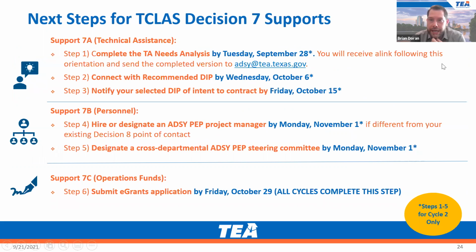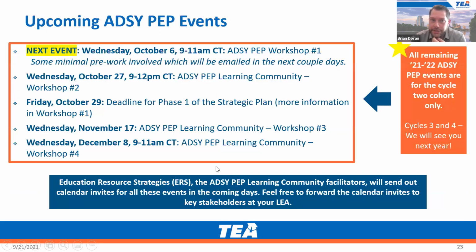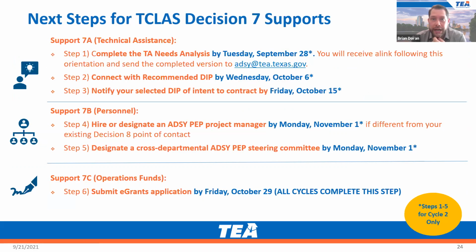All right, I do want to recap then. So we have both upcoming dates for some workshops, and then we also have next steps for the specific supports. So for support 7A, 3 next steps. First is completed technical assistance needs analysis. We'll email that out in the next day and send the completed version to adzy@tea.texas.gov.